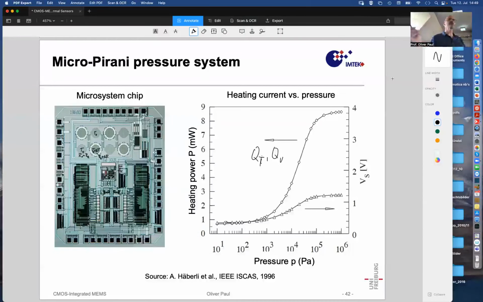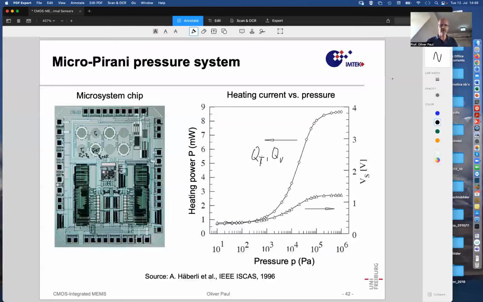It just requires some charges to be sent back and forth, and then voltage to be measured, and that can be done much more moderately than dissipating heat. So the pressure sensor in your smartphone is not a thermal pressure sensor.